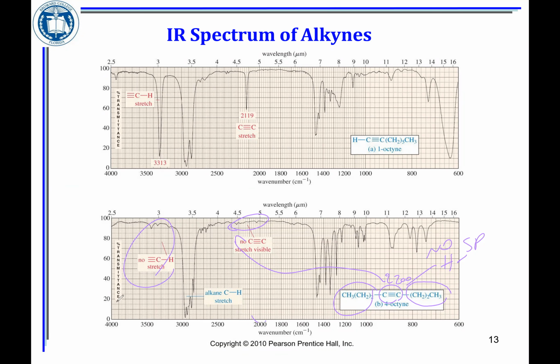So you do have an alkyne, but there is no hydrogen attached to sp because it's an internal alkyne. And because it's internal and perfectly symmetrical, it doesn't show any peak for the CC triple bond. This is known as IR inactive bonds. But the CH stretches coming from sp3 show less than 3000.